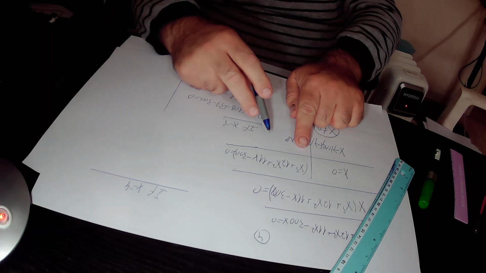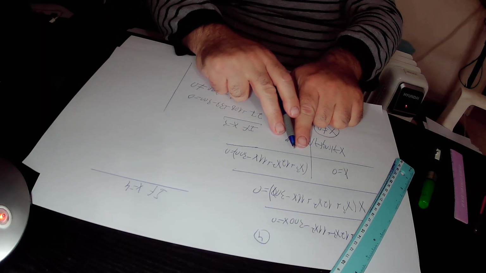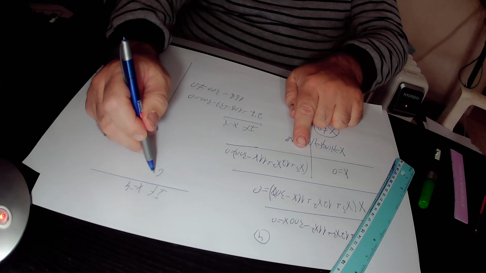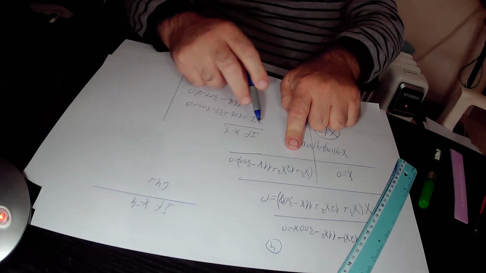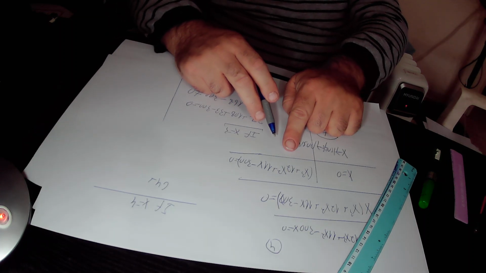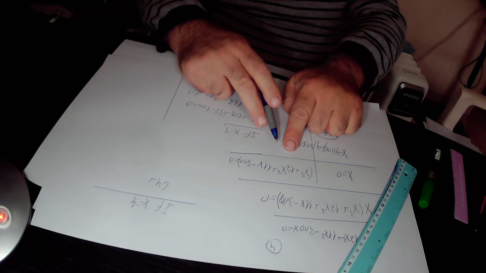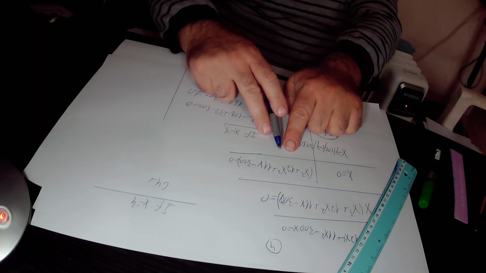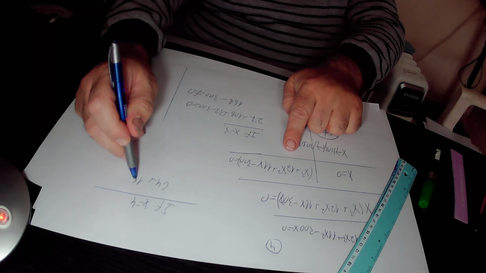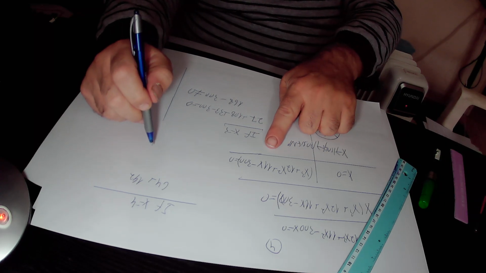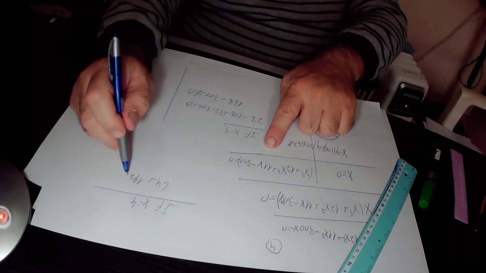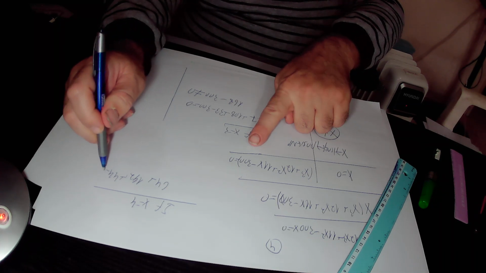The value of this expression: x cubed is 4 to the power of 3, that is 64, plus 12x squared. X is 4, so x squared is 16, and 16 times 12 is 192, plus 11x. X is 4, so 11x is 11 times 4, that is 44, minus 300.